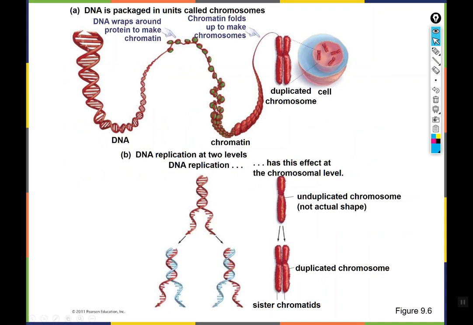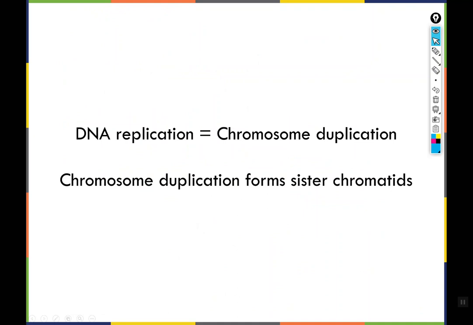Unduplicated chromosomes look kind of like this, and duplicated chromosomes resemble an X. These are the two identical sister chromatids. So chromosome duplication forms sister chromatids, identical.